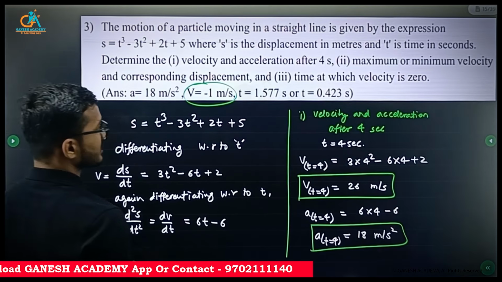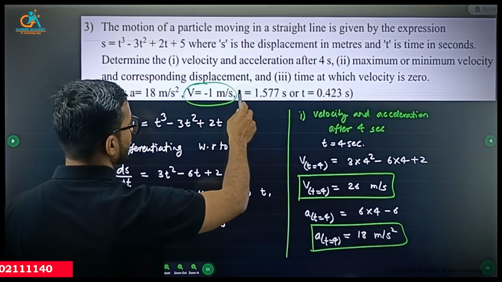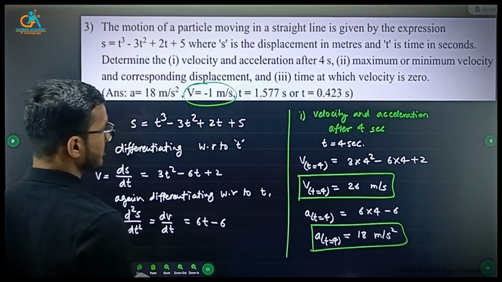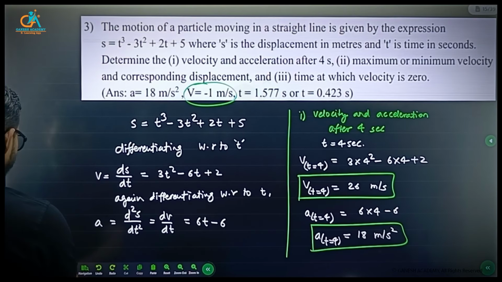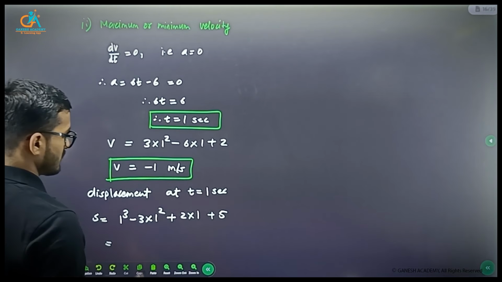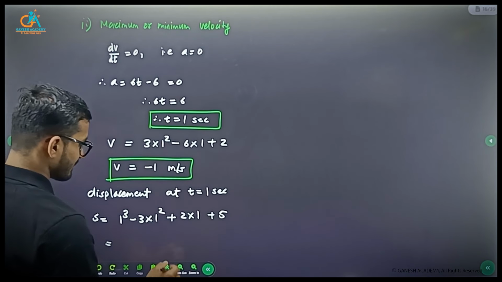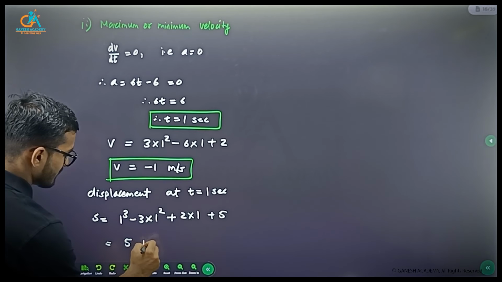They have not mentioned the corresponding displacement in the question bank. So it is one minus 3 plus 2 plus 5, that is 5 meter.